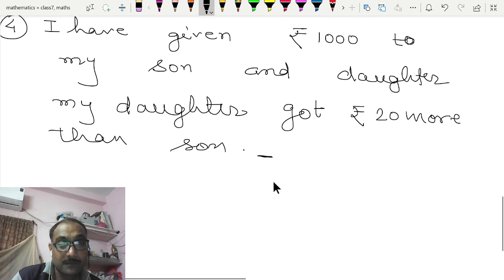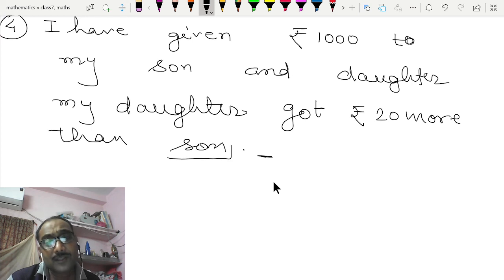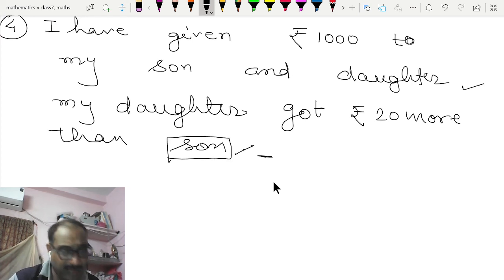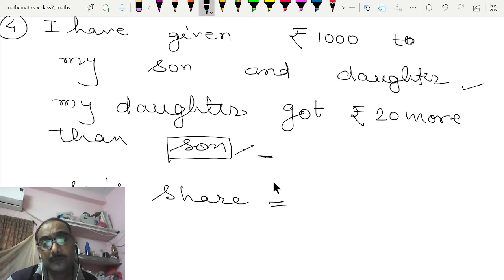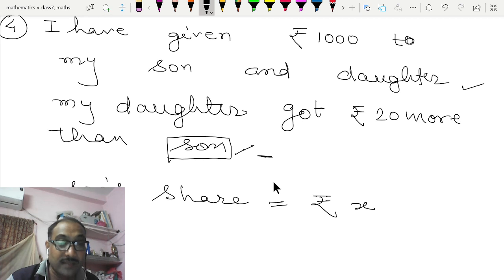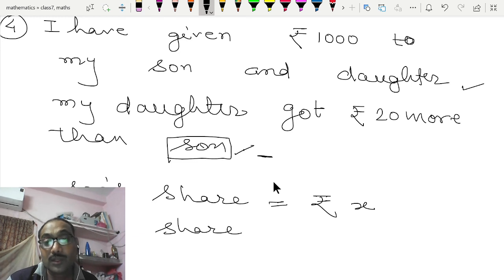Okay, now see, at first assume anyone, whether the daughter or son, anyone to be x. Let son's share be rupees x. Then the share of daughter. What will the daughter's share be, child? How much more money is she getting?